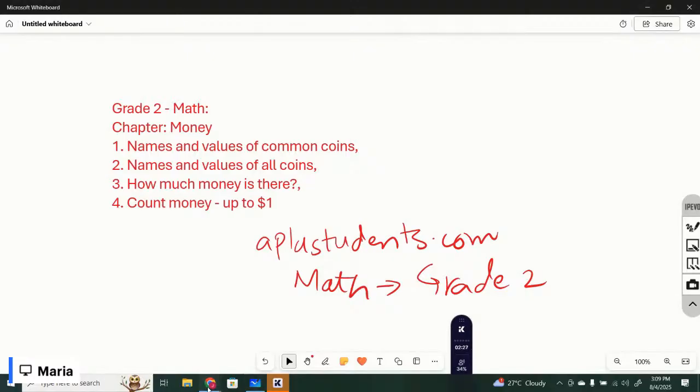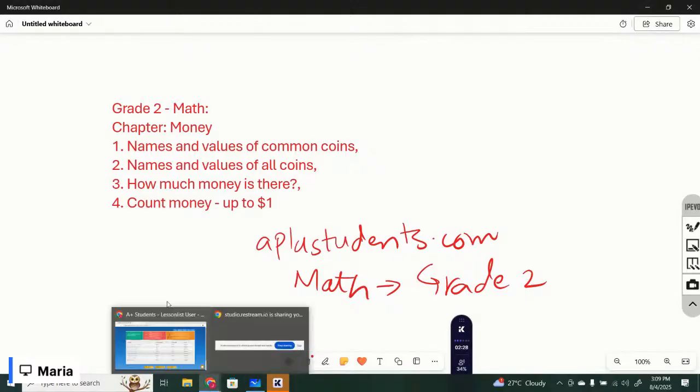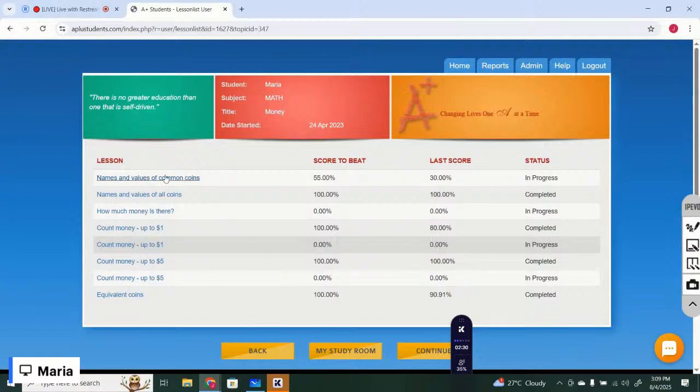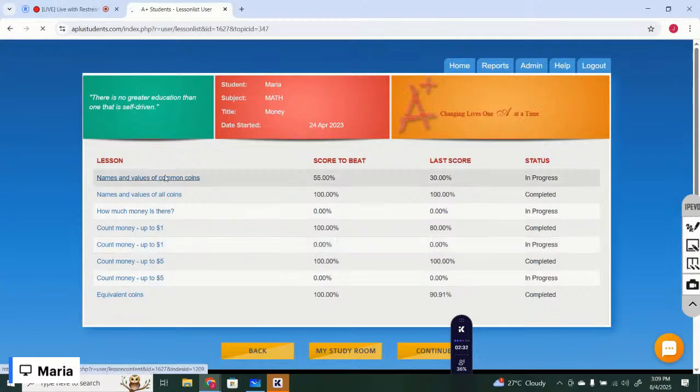So here I am on grade 2 math. Start with the first lesson, that is names and values of common coins.